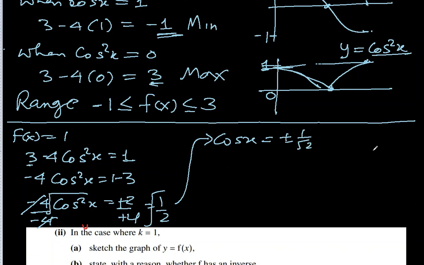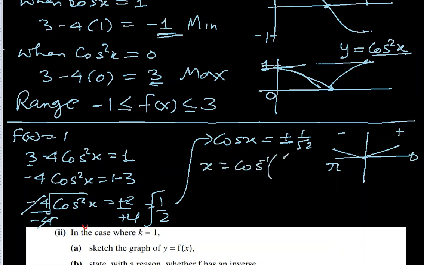And we want answers from 0 to pi, that's what they said. So this is 0, this is pi. Plus and minus both means we will use both quadrants, because cos is positive here, cos is negative here, but both of them are there. We'll put now x equal to cos inverse 1 over square root 2 to find these acute angles. And it is pi by 4 and pi by 4.